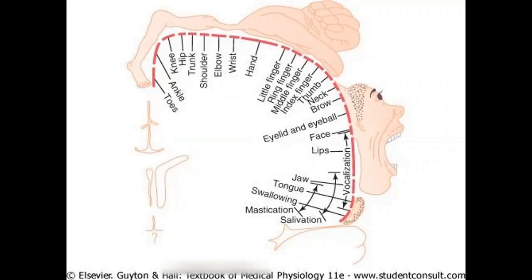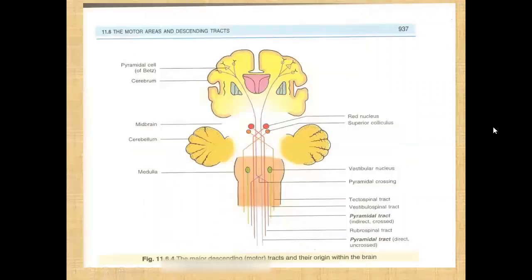Here we can see that particularly the hand is very largely represented, the thumb out of which is enormous in size. The face has a huge representation. This tells us that the effector part of the motor system will not necessarily depend on the actual size of the part in the body, same as the sensory system.